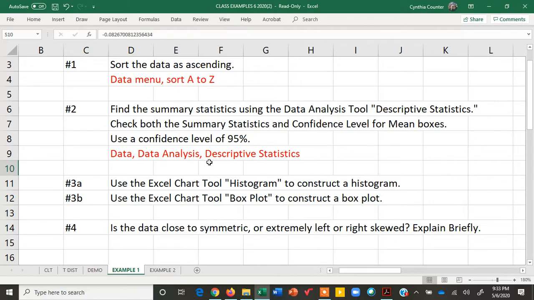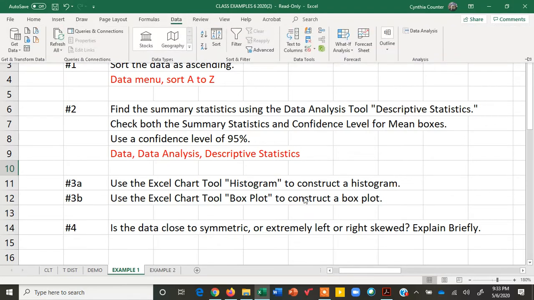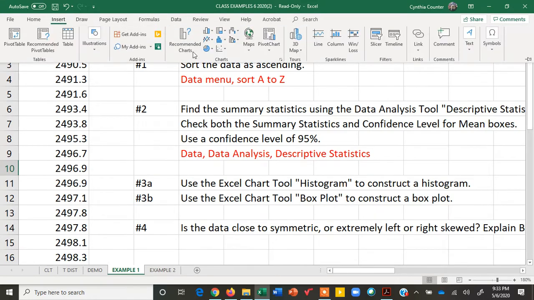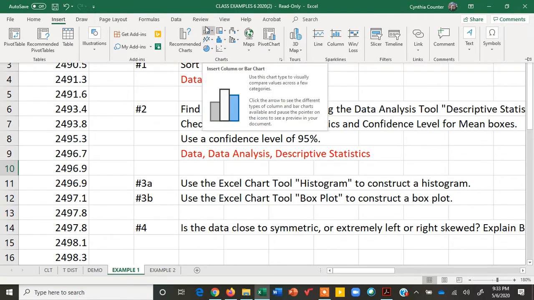I'm going to show you how to do these because these are tools that I hadn't seen in some of the older versions of Excel, so I'm not sure when they got added. We're going to be inserting a chart, and it's this one here in blue, insert statistics chart.